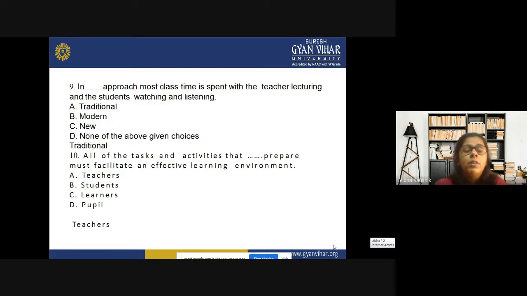A, traditional method, B, modern, C, new, or D, none of the above given choices.